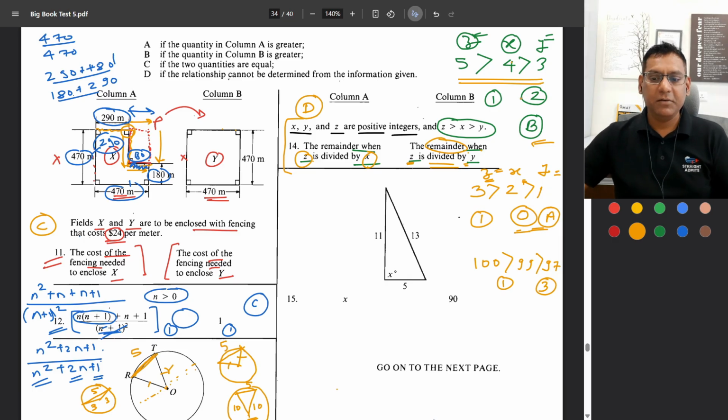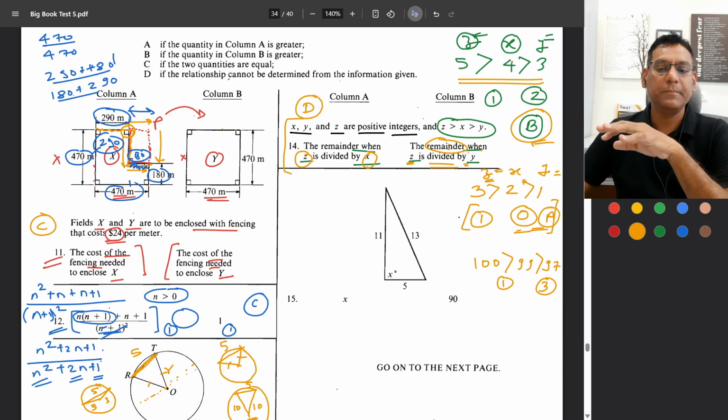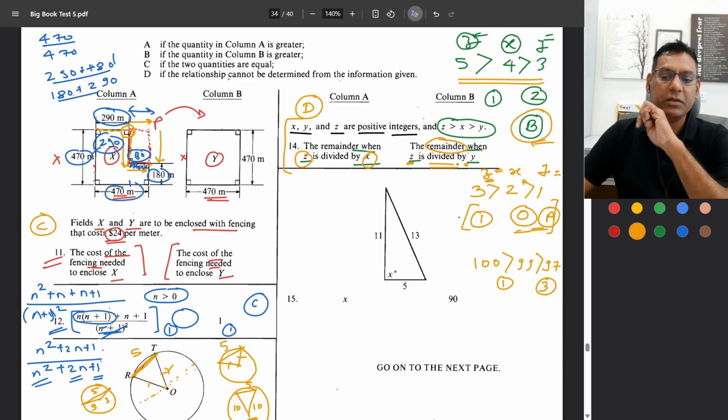And you will sort of believe that I'm always getting B as the answer. That's not the case. There's this situation where the remainder could also be 0, where the answer could be different.